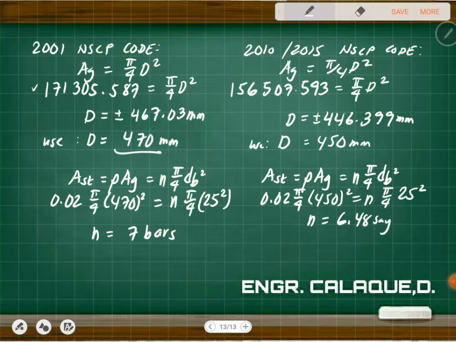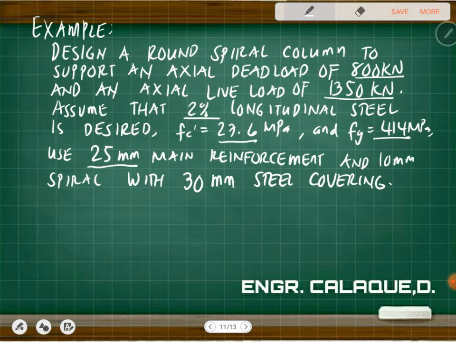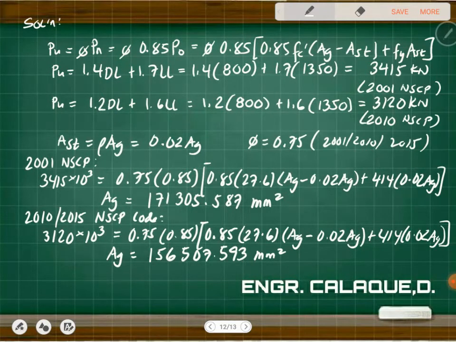So, let's say 7 bars. So, same lang yung number of bars na kailangan nila. Mas maliit lang talaga yung dimension dito sa bagong code, no? So, nagiging conservative lang yung bagong code, which is maganda naman. Mas gamay mong magasto na. Okay, gamay mo ang kailangan nga volume sa concrete. Okay, so okay na tayo dyan.